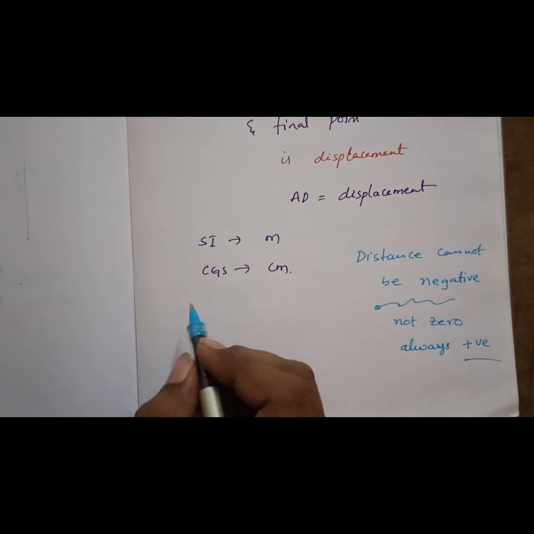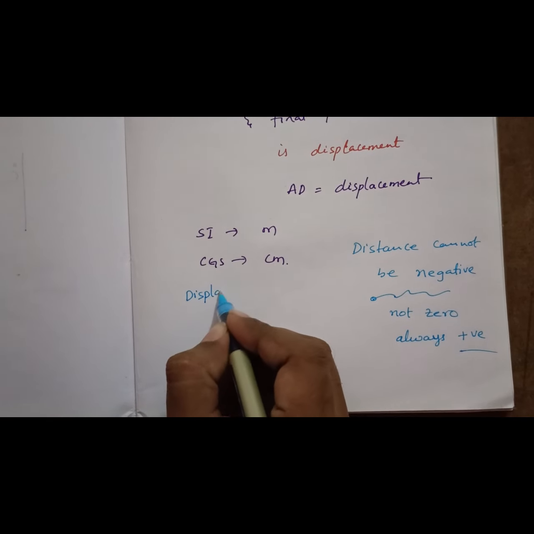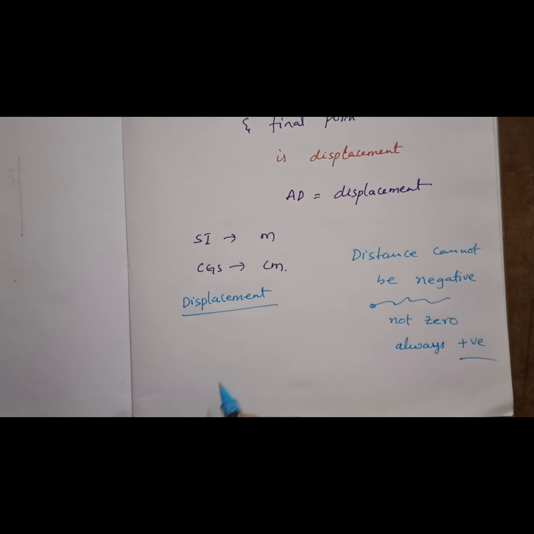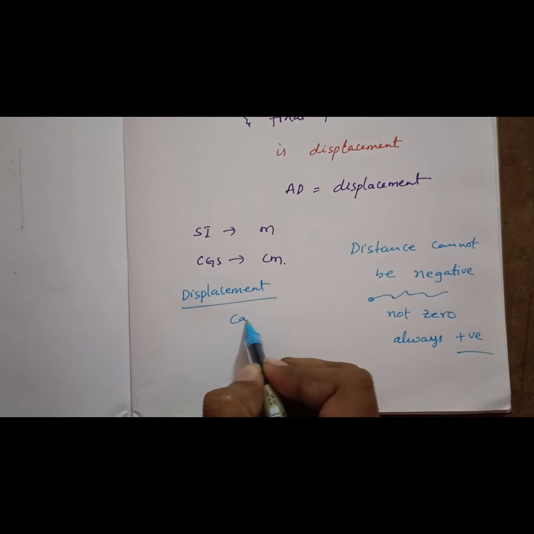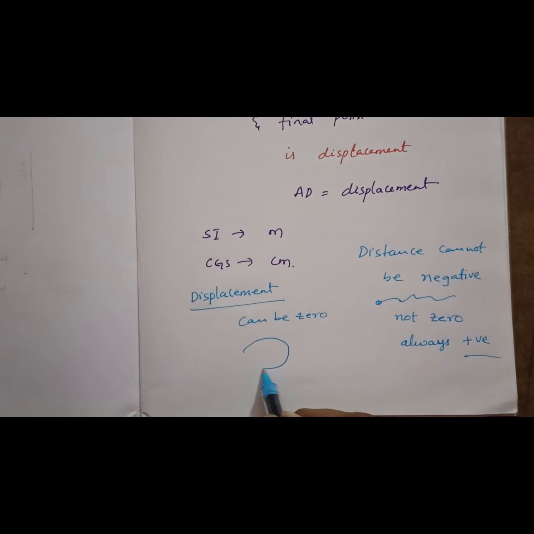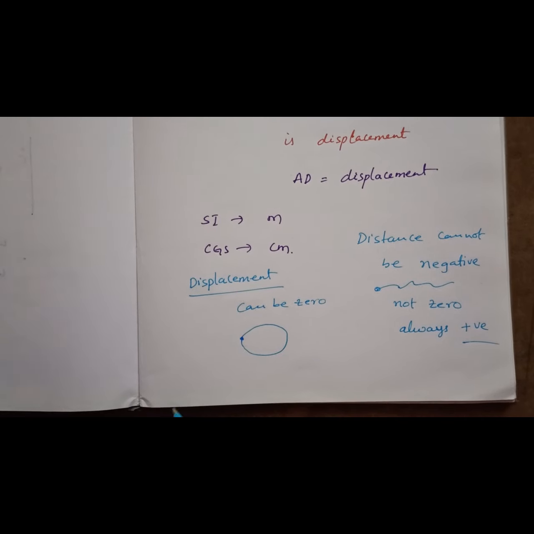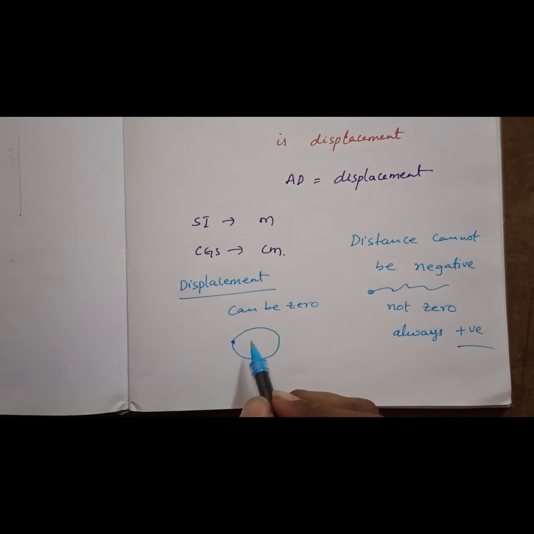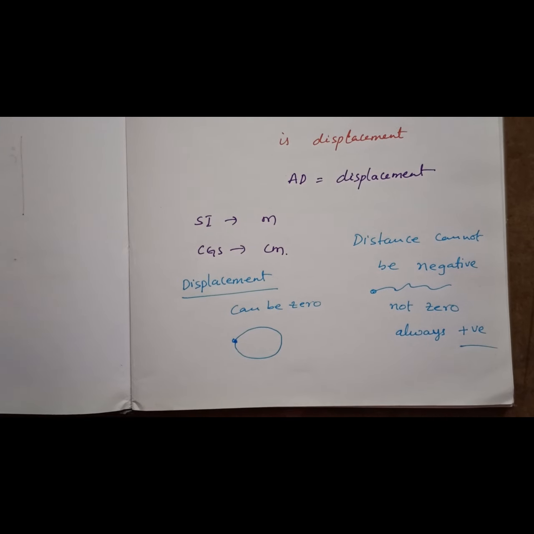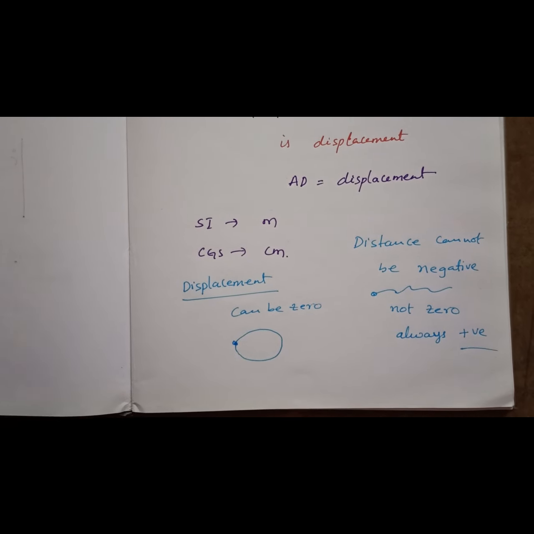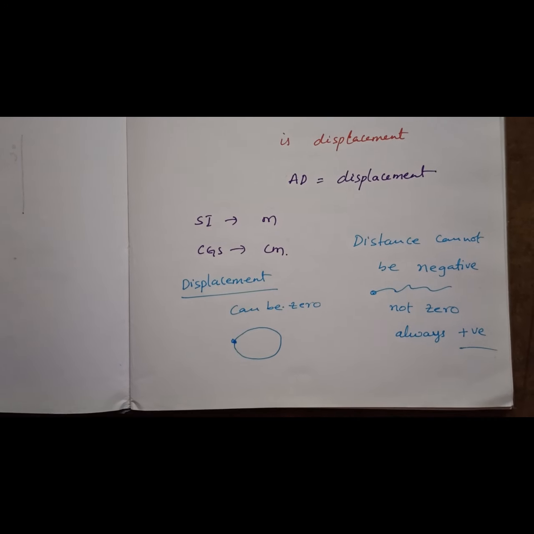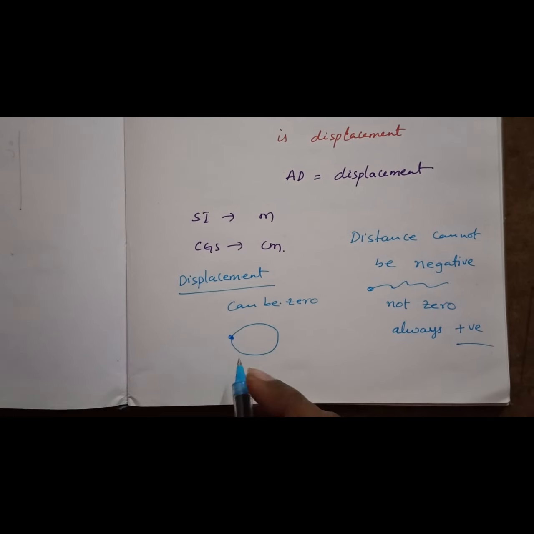Now displacement. It can be 0. Even if he starts, it can be 0 when he comes to the initial position. If he travels in any path and comes to the initial position, then displacement is 0.